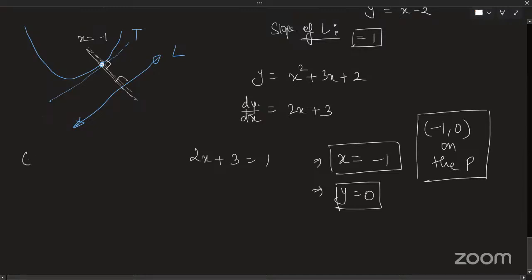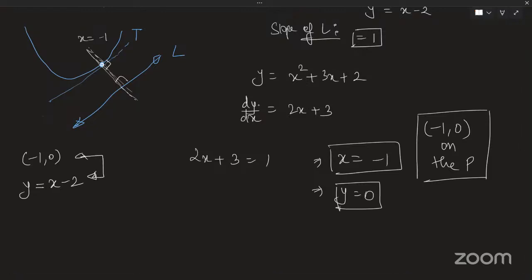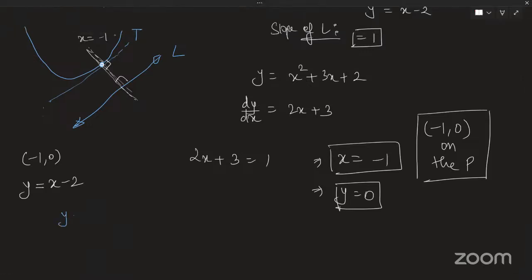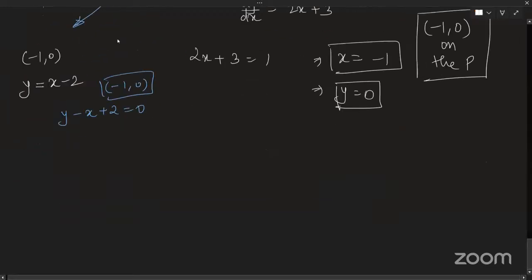So I have a point -1 comma 0 and I have an equation of a line, y is equal to x minus 2. Can you tell me the distance between both of them? The distance between a line and a point. If I write this as y minus x plus 2 is equal to 0 and I know the point as -1 comma 0, how will I find the perpendicular distance?